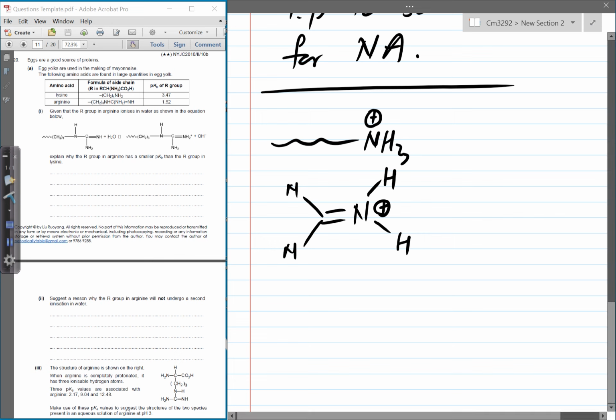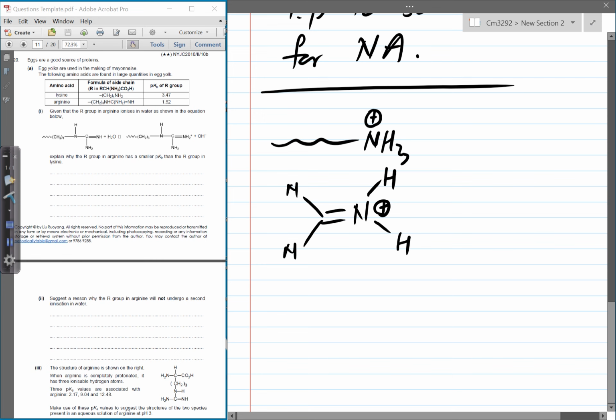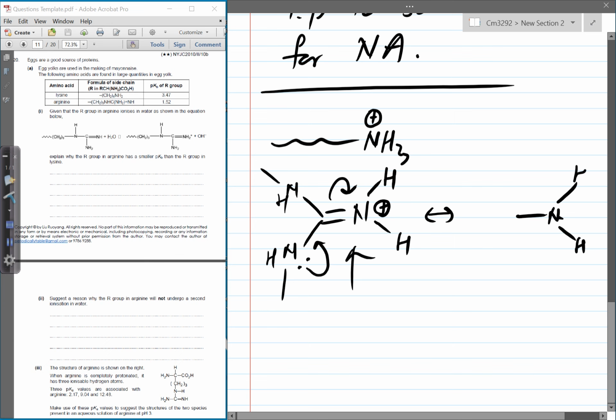And the question really gives you the hint by giving you that equilibrium, right? If you compare these two, these will be more stable, right? The reason is because of, once again, resonance. If you were to draw the resonance structure, you will see that for arginine, you can have resonance structures like this.